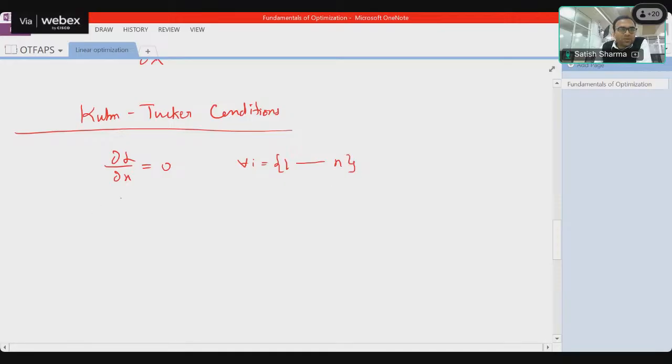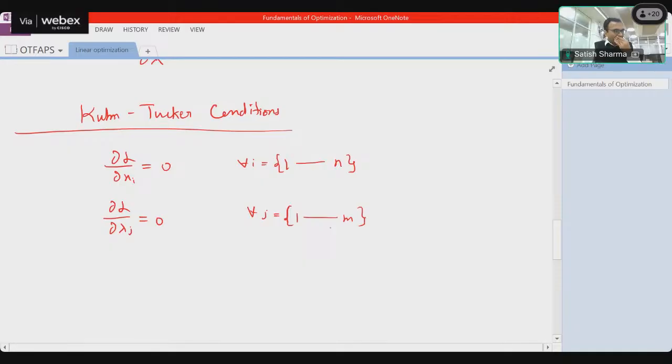Then we have delta L upon delta lambda j equals 0 for all j equals 1 to m.